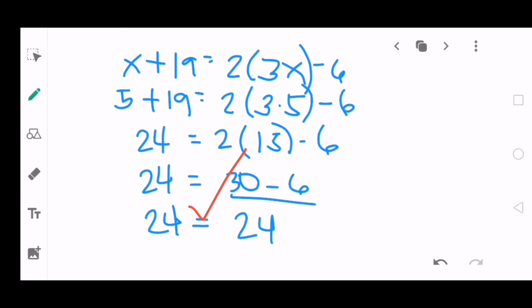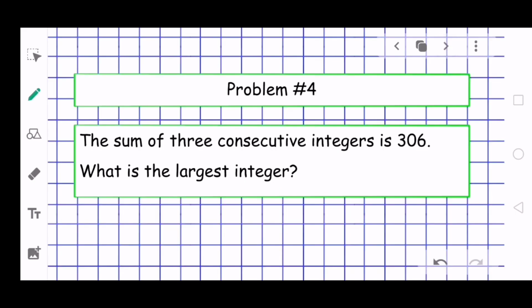Okay, lastly, let's have this problem. The sum of 3 consecutive integers is 306. What is the largest integer? So we are looking for the largest integer.